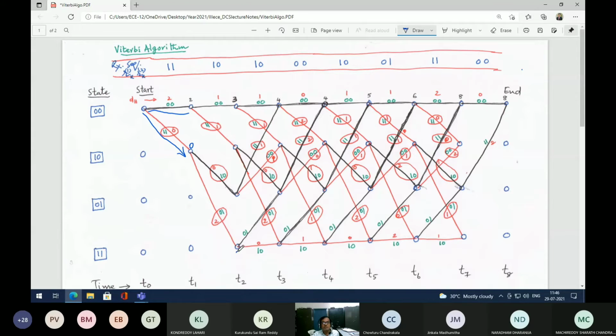It is 3. By the time I come to T2, from here it is 3. Now let us move from here, 0, to this. What is the Hamming distance I am covering here? 0 plus 0 is 0. At this node, my Hamming distance is 0.